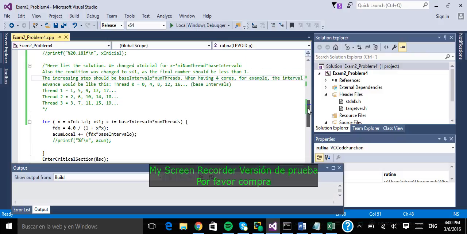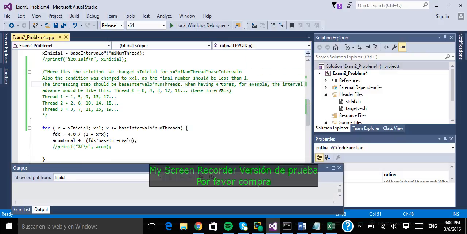The example we gave was that when having 4 cores, the first thread, thread number 0, will start at 0, then interval number 4, then interval number 8, and thread number 1 will have interval number 1, interval number 5, 9, etc. Thread number 2 will have 2, 6, 10, and so on.